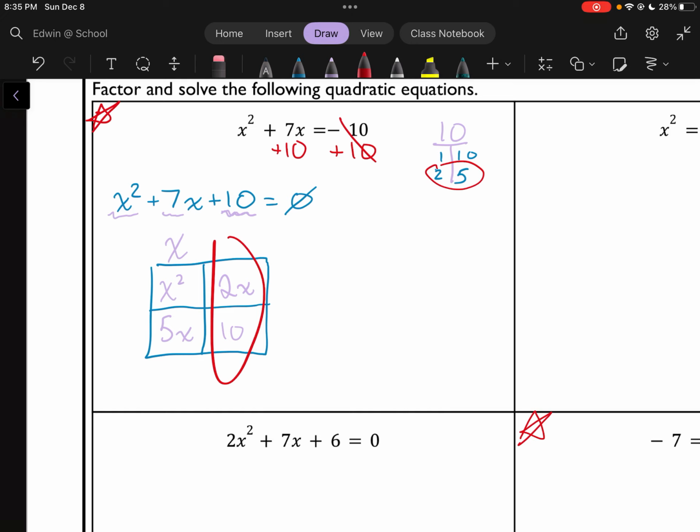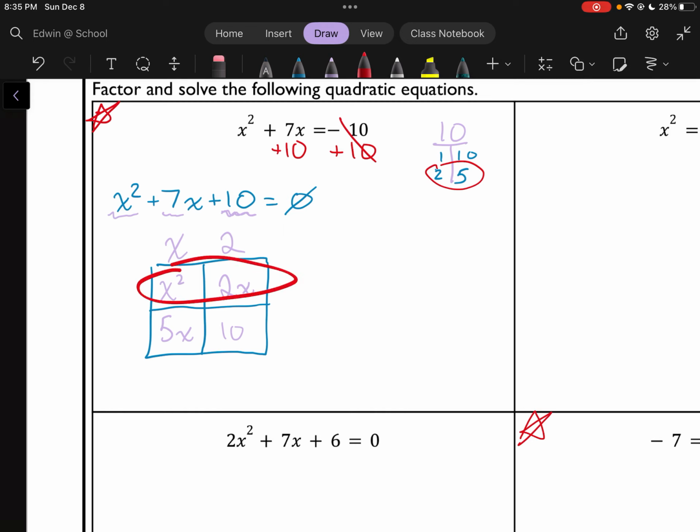Well, we can't divide both of them by x because this one only is a 10. It doesn't have the x. We could divide them both by 2, which looks good. Yeah, 2x divides by 2 and 10 divides by 2. So we're always looking for the greatest common factor. We're looking for the biggest number, the biggest term, to divide by.